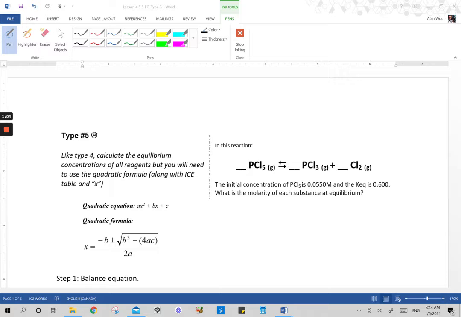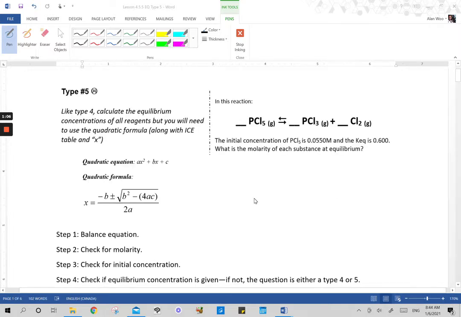Now, when you go through the checklist of things to keep track of in your steps, we always start with a balanced equation. When we look at this particular reaction, it gives us a 1 to 1 to 1, so it's already balanced.